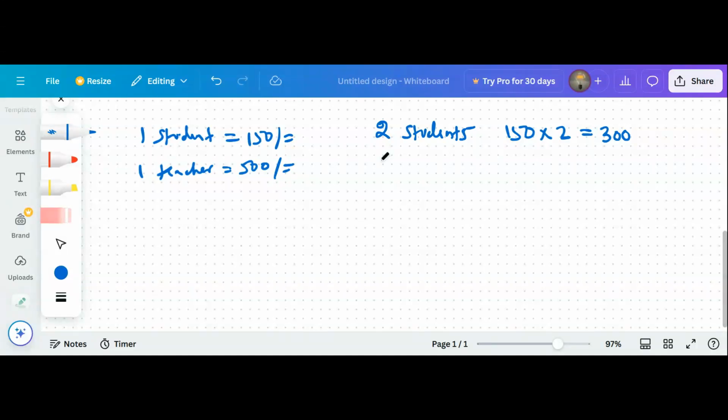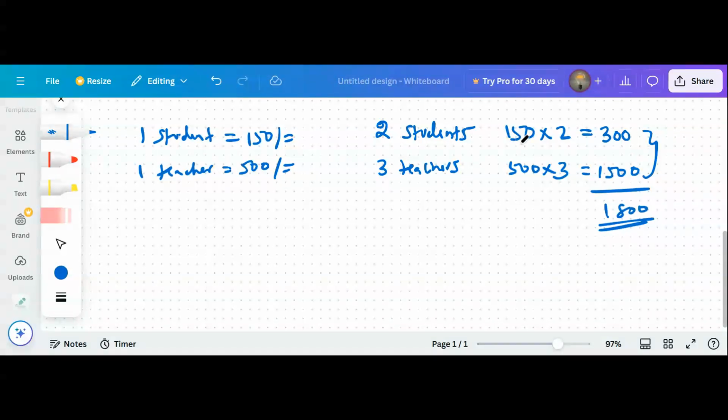Let's say there are three teachers. Two students, three teachers. One teacher would give 500, so for three teachers that would be 500 into 3, so 1500 would be collected. How much money can we collect in total? 1500 plus 300, so 1800.